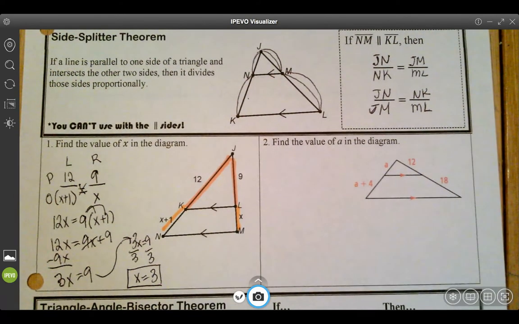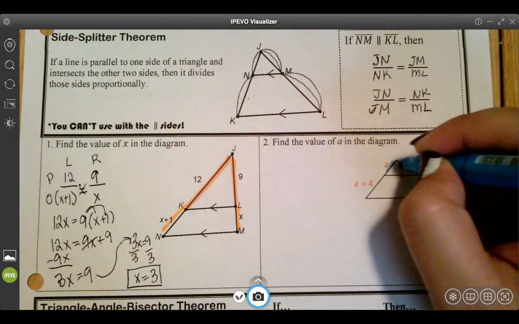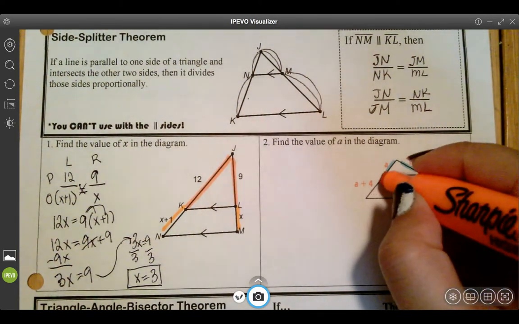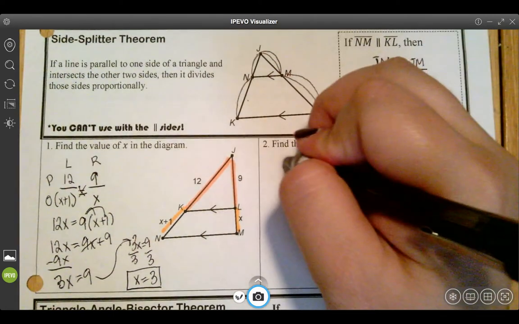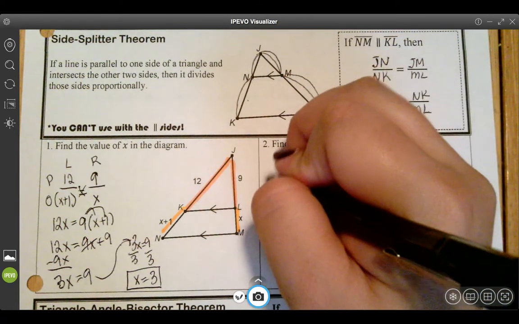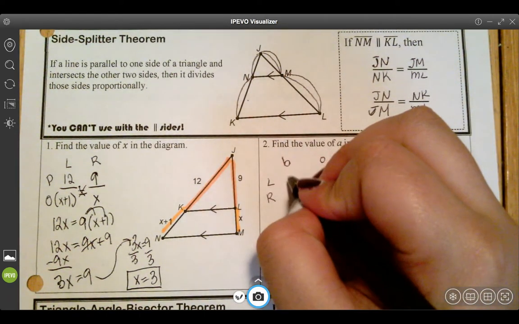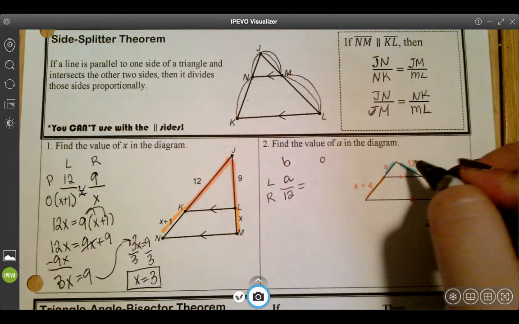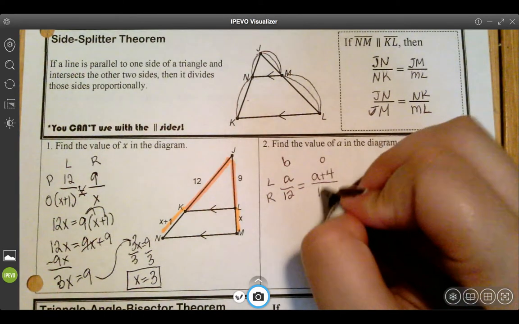Same thing here. I'll use colors that are a little easier to tell apart. So I have blue and orange. So if I say, okay, I'd like blue and orange, left and right. So blue on the left is A, blue on the right is 12, orange on the left is A plus 4, orange on the right is 18.